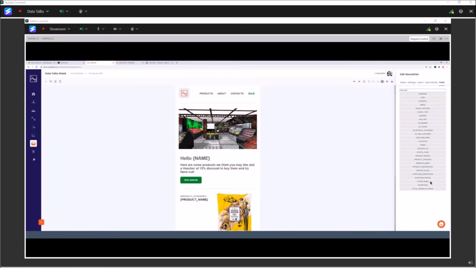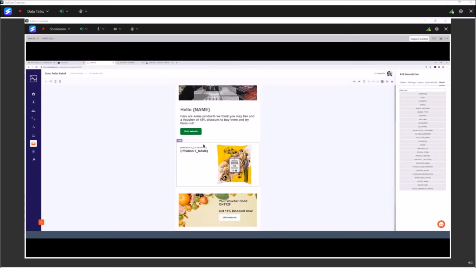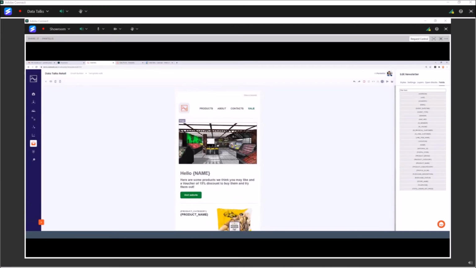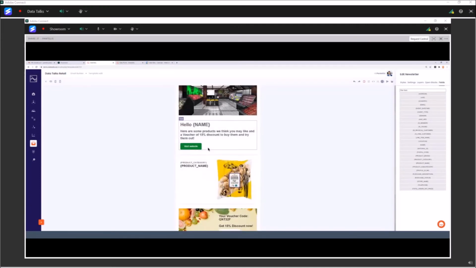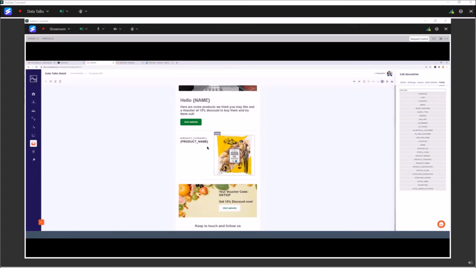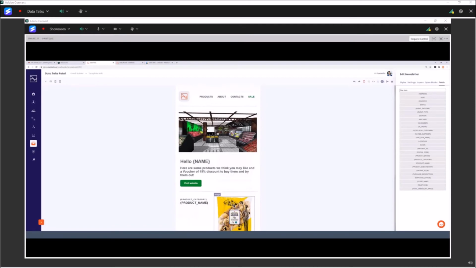Those are fields that are coming from your data and that you can use in your email builder. You can target those people with a specific offer for a product that they will probably like, and also offer them a voucher code for an online purchase, which is in this case a 15% discount.